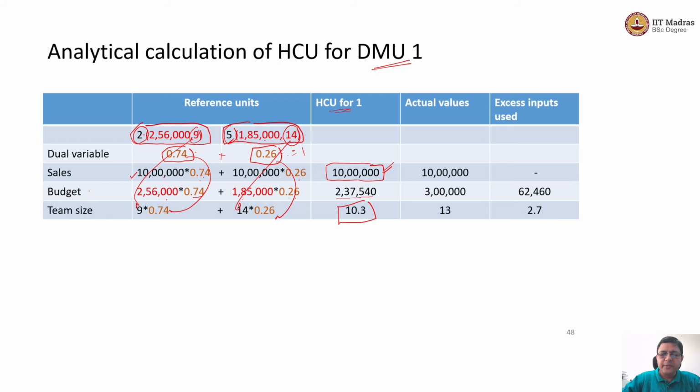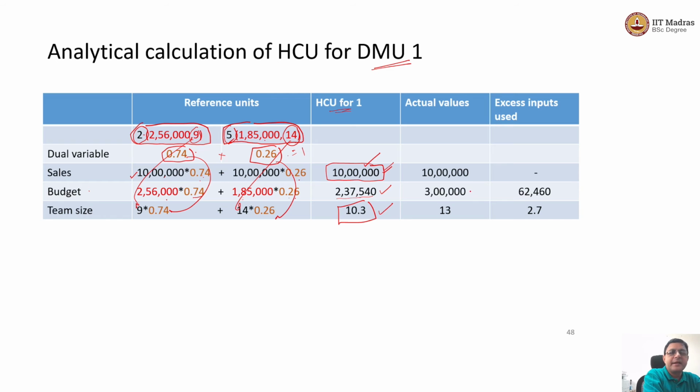Okay, so what is our policy prescription? The policy prescription is the same, right? If DMU1 wants to be called efficient, it needs to generate sales of 10 lakh. It needs to use a budget of 237,540. It is going to need a team size of 10.3 only. What is the current spend?